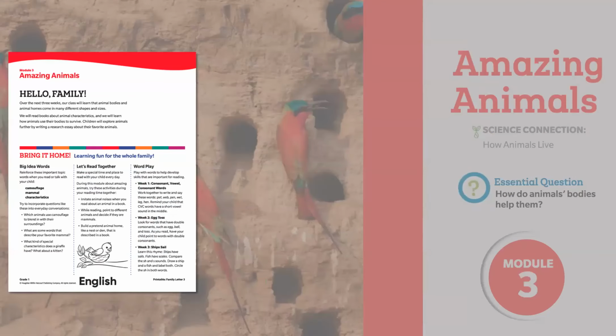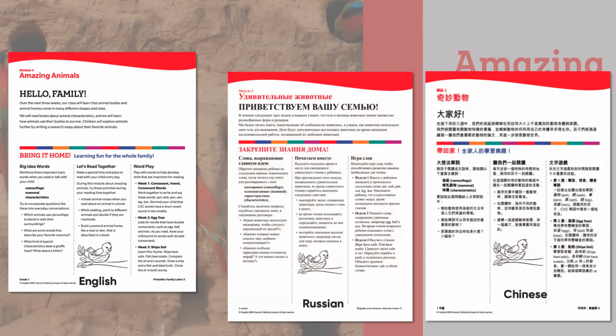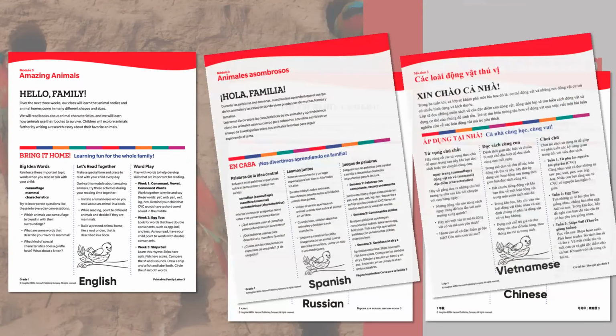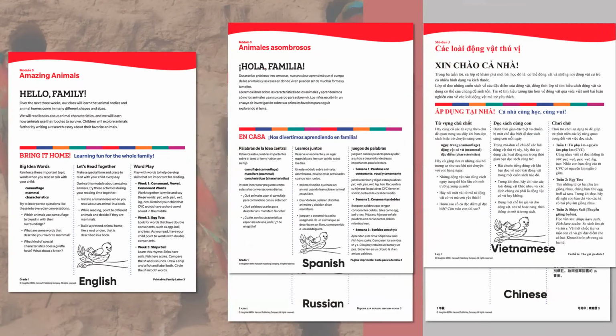At the beginning of each module, teachers have access to parent letters available in several different languages that they can print or share digitally. These letters are designed to help you take the classroom learning home. You'll find an overview of the content students will be learning, as well as a few suggestions as how you can help out at home.